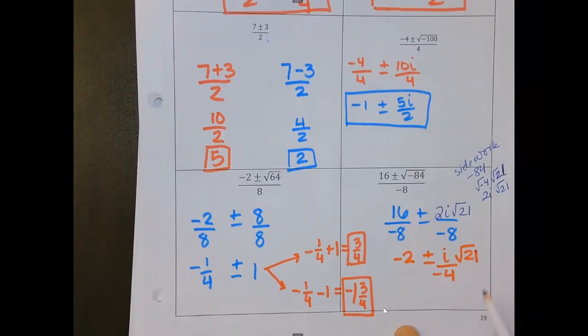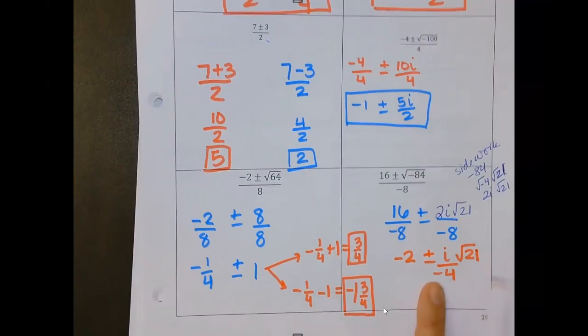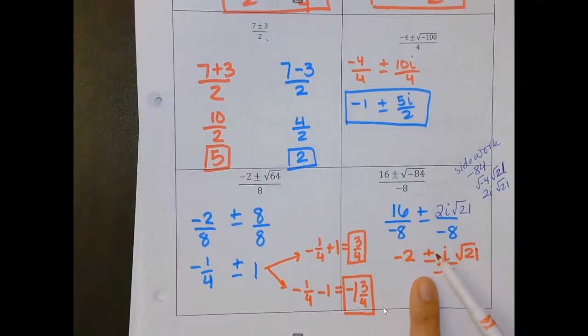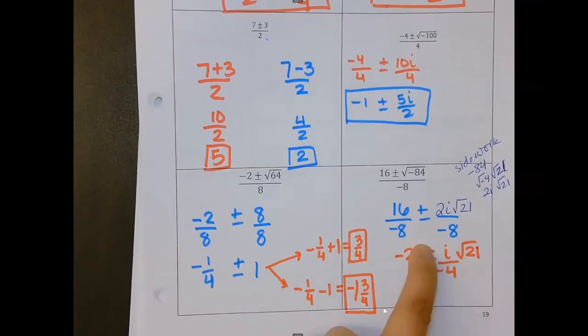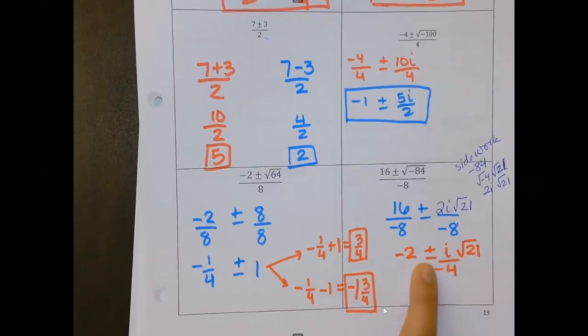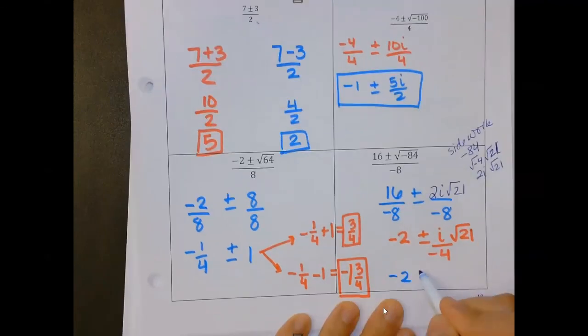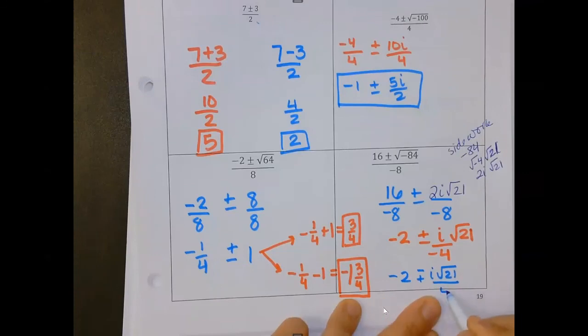All right, so it looks good except for one weird thing. Yeah, this negative. So this one was fine. 16 divided by -8 is -2, but here I had a -8 on the bottom. Well, what does that negative do? It actually switches this to a minus on top and then a plus on the bottom. Well, that doesn't really matter. So -2 minus plus i root 21 over a positive 4.